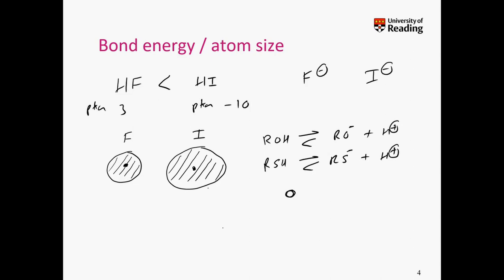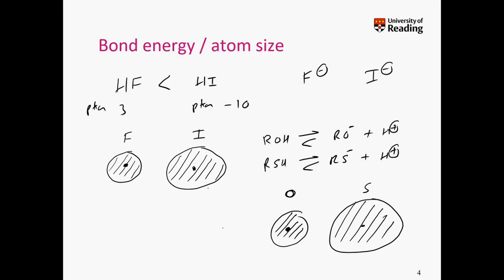If we look at the oxygen, it is a smaller atom compared to the sulfur. So the sulfur is a much bigger space. And so when we look at the difference between an alcohol and a thiol, the thiol, for example, this is the methane derivative, has a pKa of 10.5, and the alcohol, so methanol, has a pKa of 16.